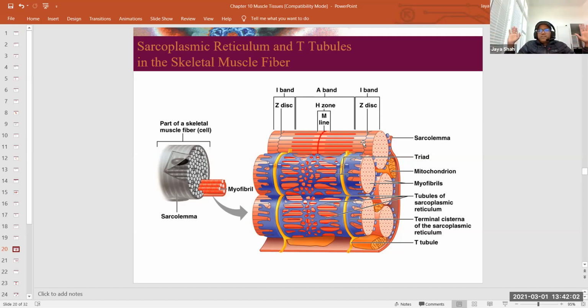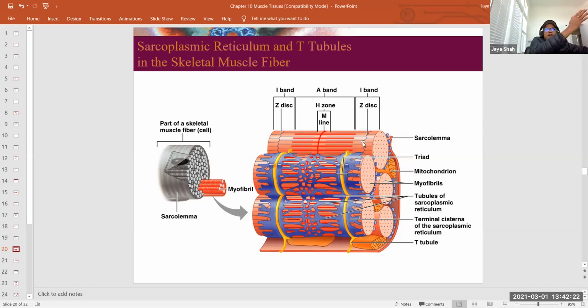Get that first. Close your eyes, imagine we have a muscle. Inside the muscle, we have a fascicle. Inside the fascicle, we have muscle cells. Inside the muscle cells, we have 80% packed myofibrils, and myofibrils are not like one unit.